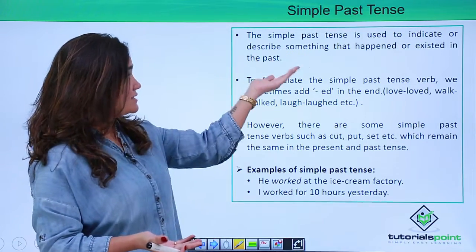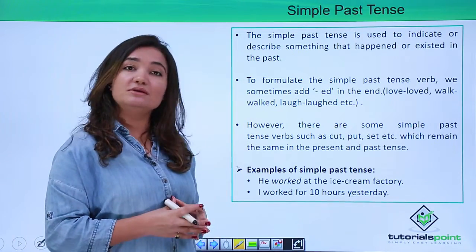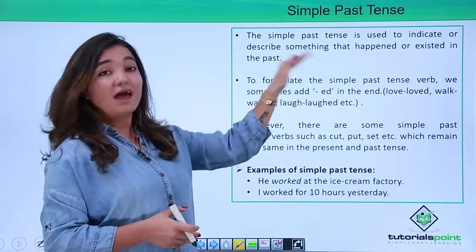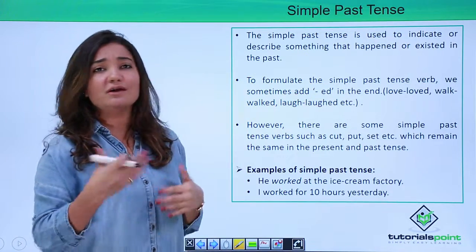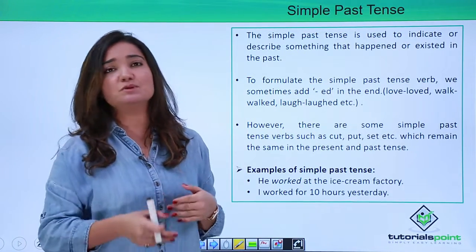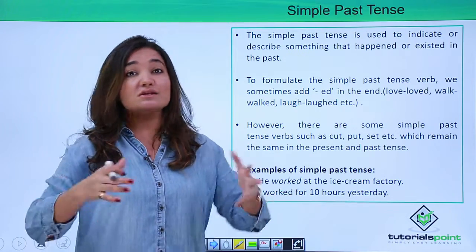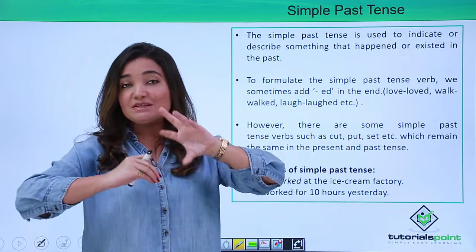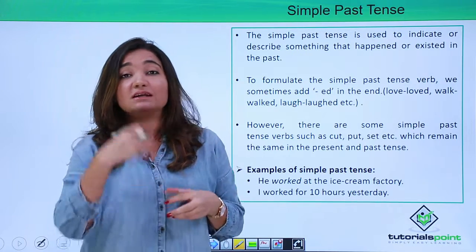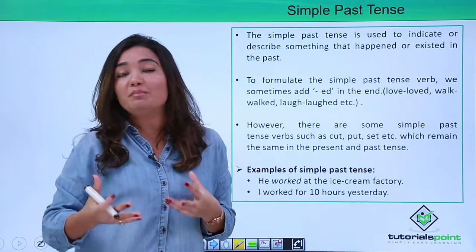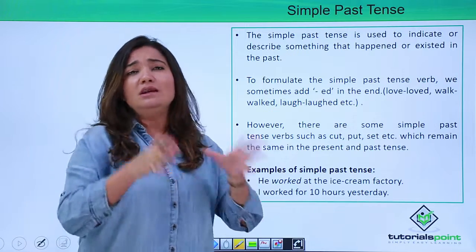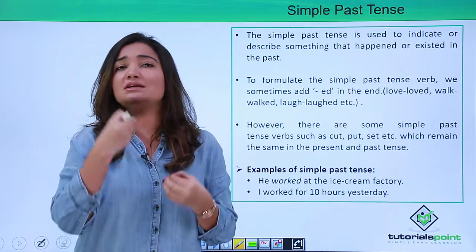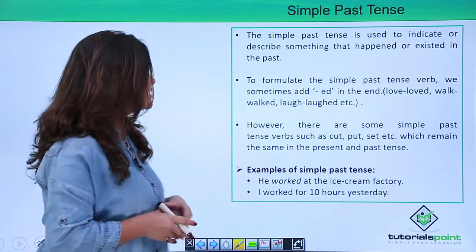Simple past tense is used to indicate or describe something that happened or existed in the past. It is the easiest form of that tense, with no complication, no specific trick or technique, and it's not made complex by changing anything in it, right?